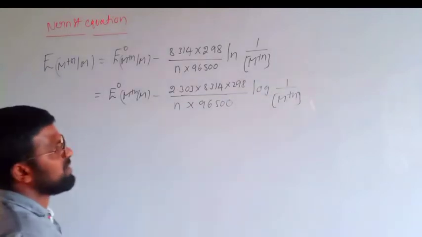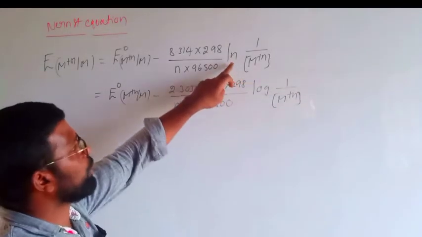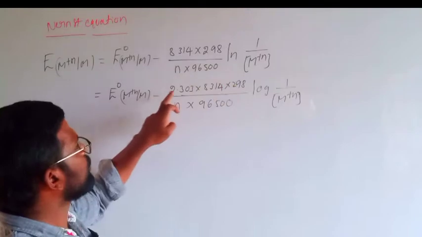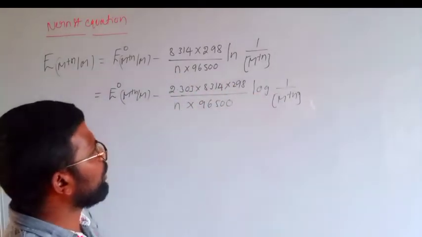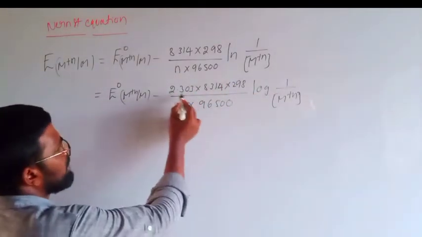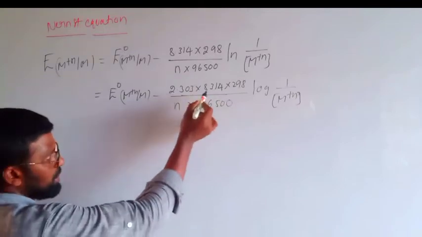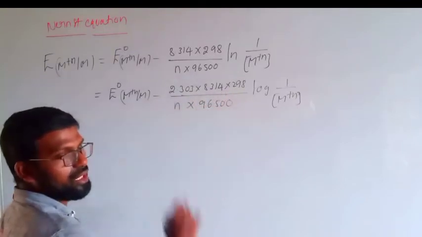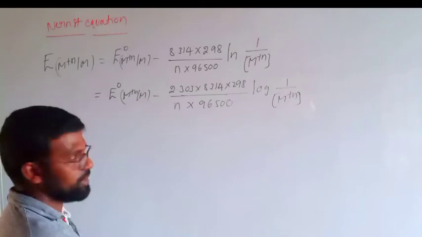So what are the changes? Here, instead of ln I have written 2.303 into log. So here you can find some values: 2.303, 8.314, 298, and 96,500 in the denominator.